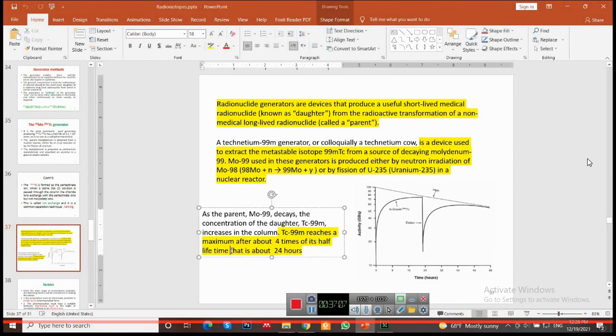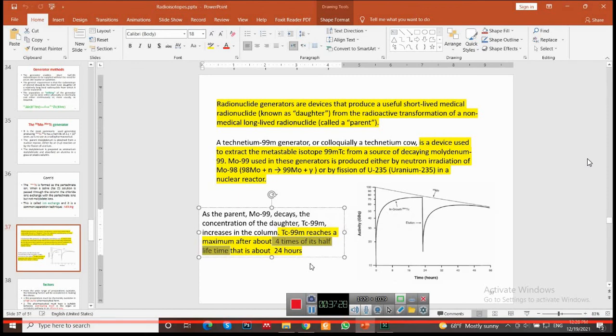It is a very, very important point, try to memorize it. In other words, when we have a daughter and a mother in a generator, the maximum concentration of the daughter is reached after about 4 times its half-life.